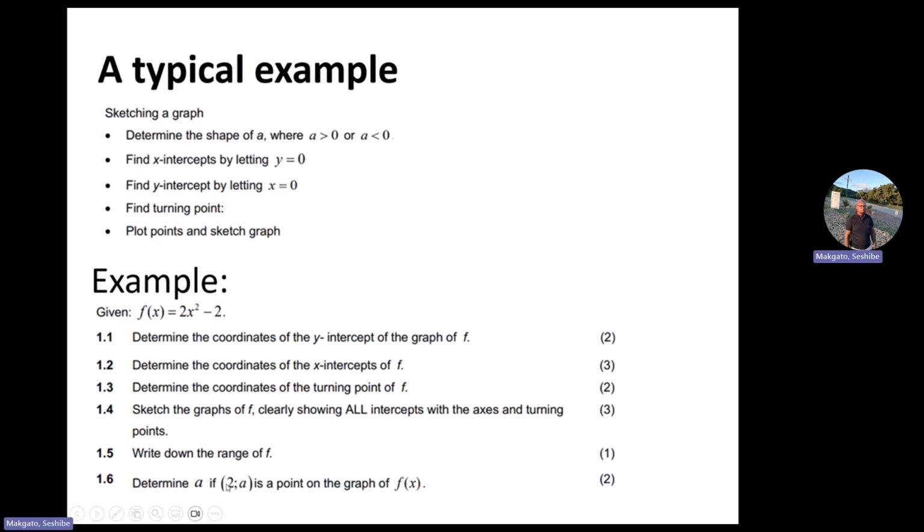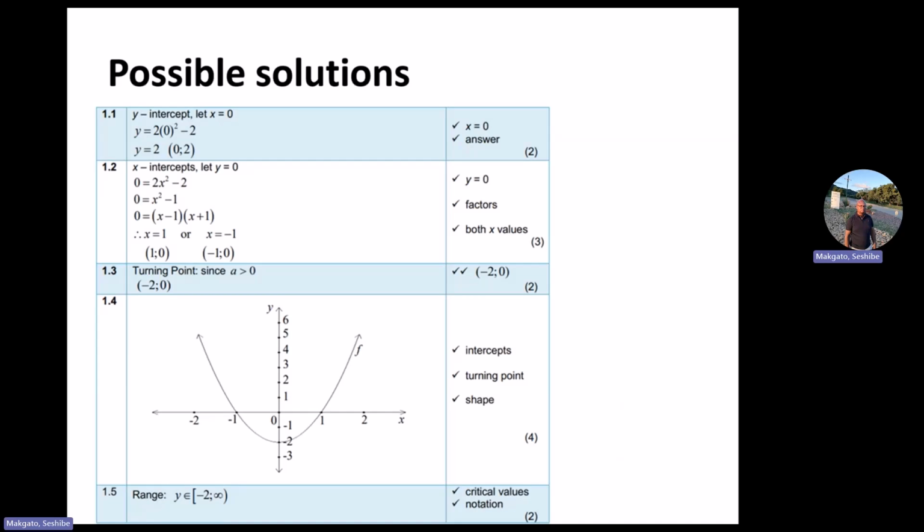So let's look at this example. So indeed, these are the possible solutions. In terms of your y-intercept, we said y equals minus 2 and x will be equal to 0. And then we showed how to solve this, the difference between two squares. We talk about 1 and minus 1, and 1 and 0.